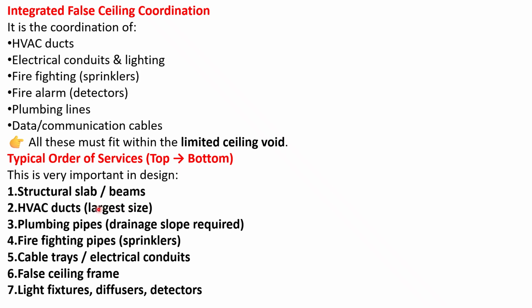They occupy large size and they are costlier also. Third, plumbing pipes, drainage, slope required. Fourth, firefighting pipe, that means a sprinkler. Fifth in priority is cable tray, electrical conduit. Sixth is false ceiling fan. And seventh is light fixtures, diffusers and detectors.